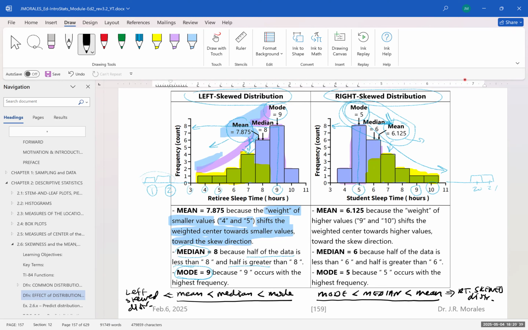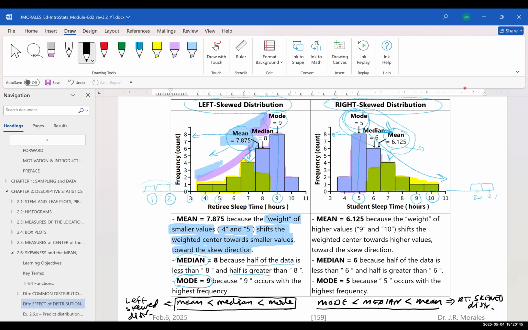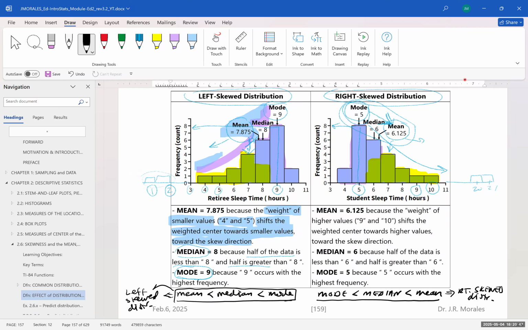So the way that this can help you is that if you calculate measures of center first, that'll tell you what your histogram should look like. Or if you make your histogram first, and let's say your histogram looks left skewed, and you calculate the mean, median, and mode second, they should have this relationship.